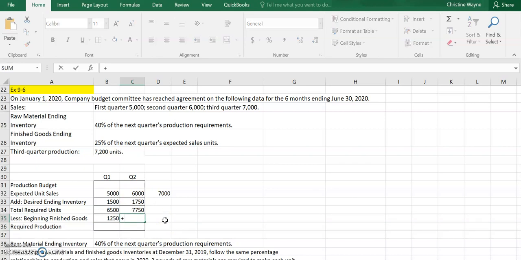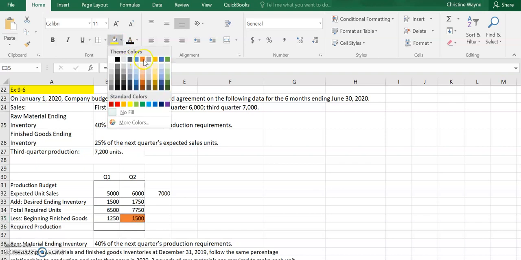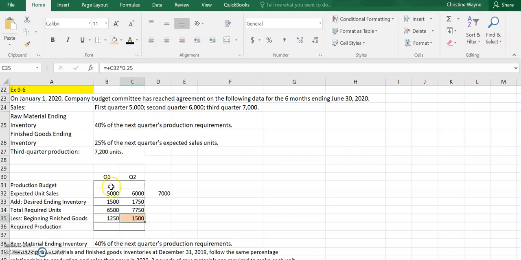Take my current expected sales times that by 25%. Because now you can see that my quarter two's beginning inventory is quarter one's ending inventory, right? Which is what we've already known.